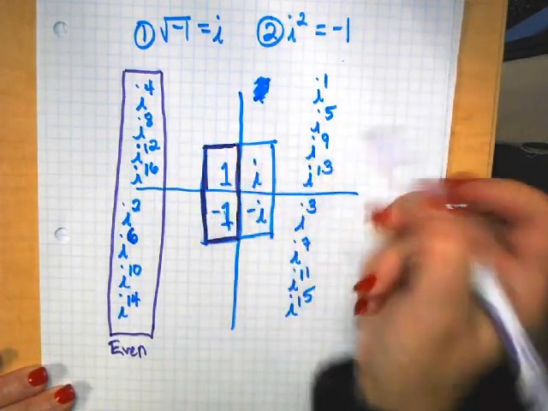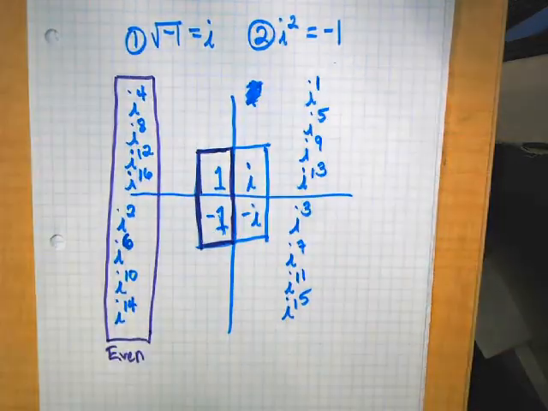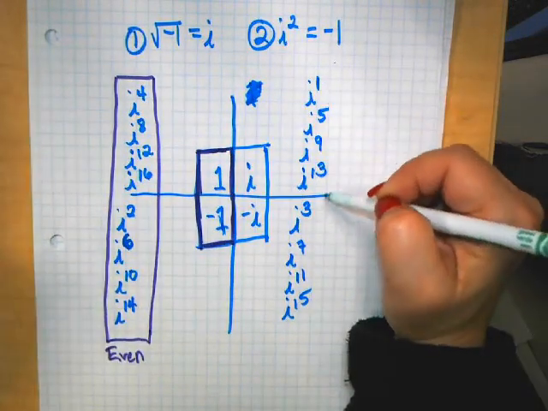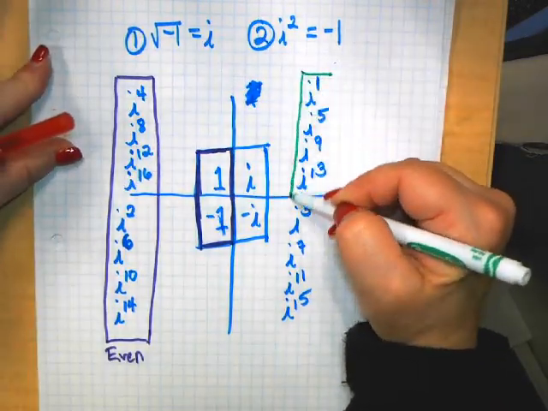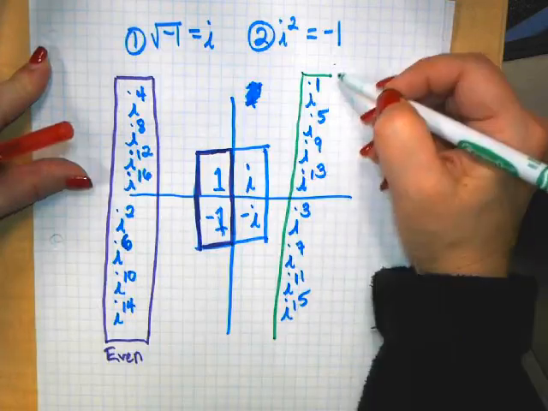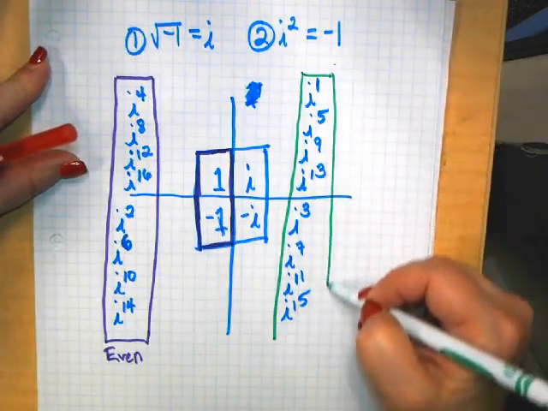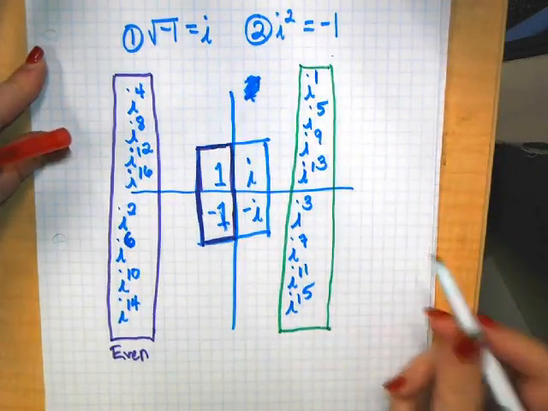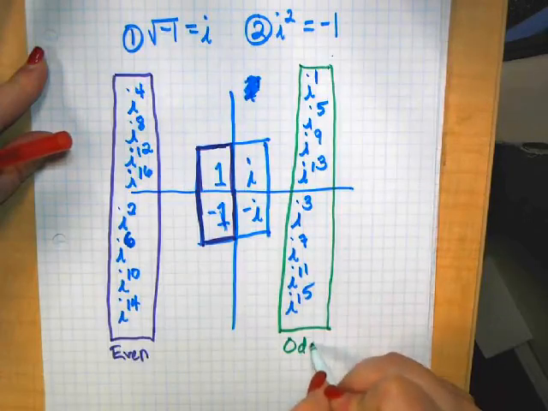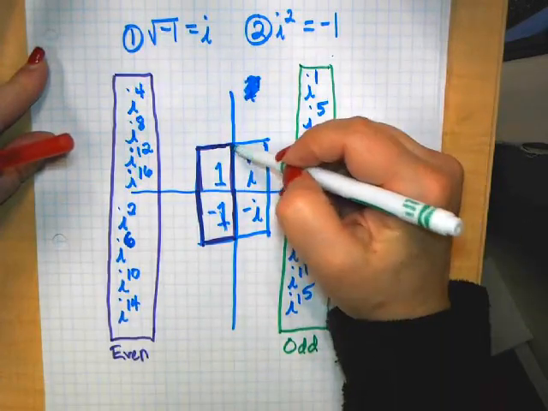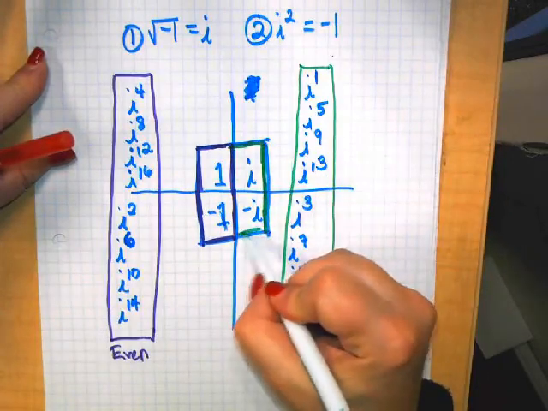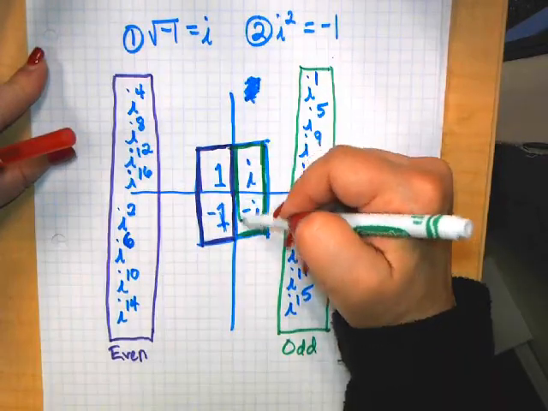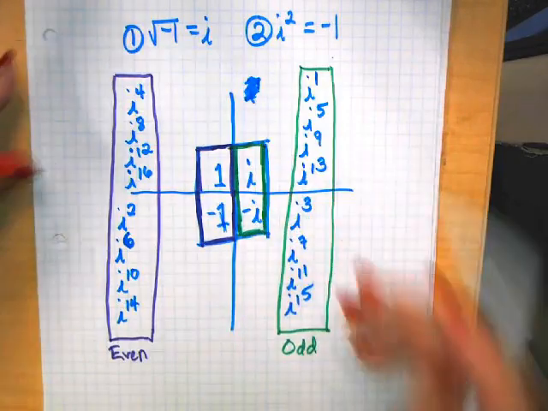I hope it does. If your initial power, like these, is odd, that means the power we start with, then your result will always be either i or -i. Hopefully you're seeing that pattern.